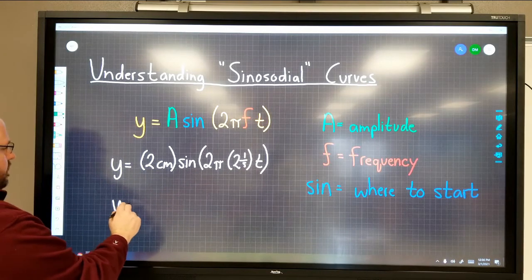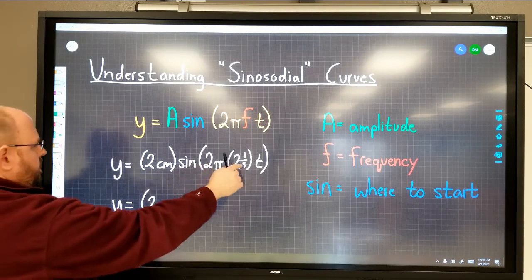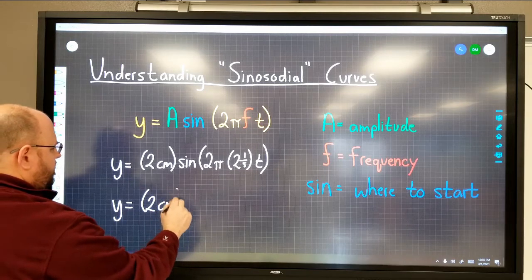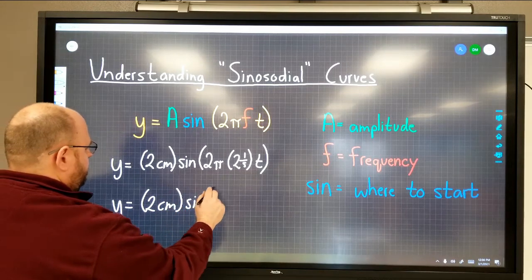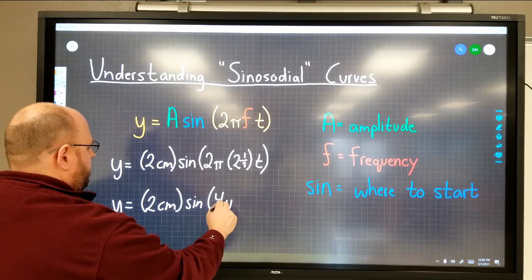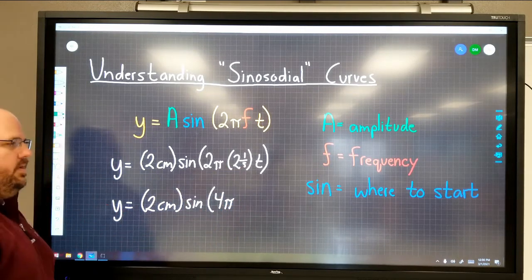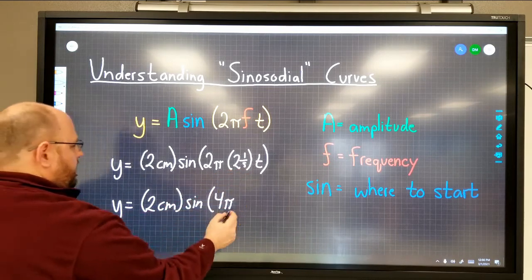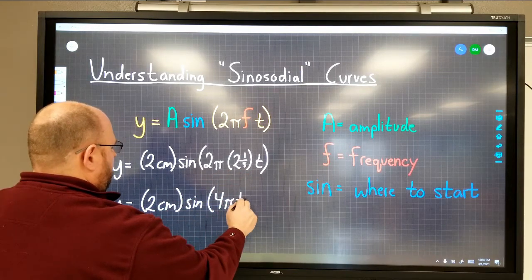So typically what we will do is combine those 2. A lot of 2's for one equation. So instead of writing 2 pi times 2, we would write 4 pi. And if you neglected the unit, that would be okay, because 1 over seconds times seconds would just give you nothing.